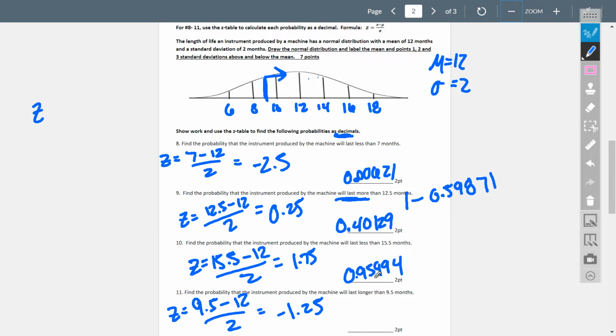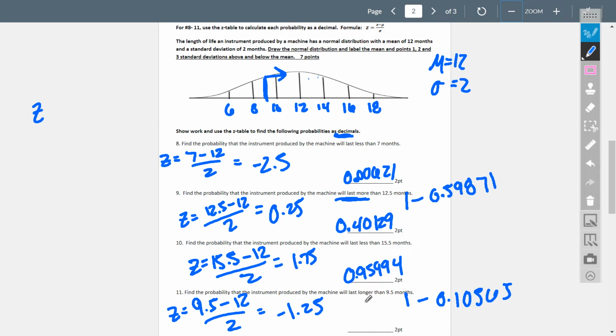When we look up negative 1.25 in our z-table, we get 0.10565. Now this is the area to the left of that score. It's 10% to the left of this. So we have to subtract this from 1 to get the area to the right of it.